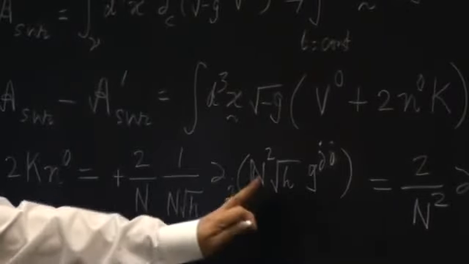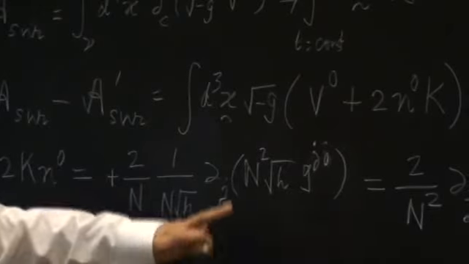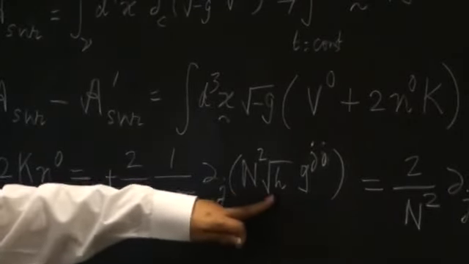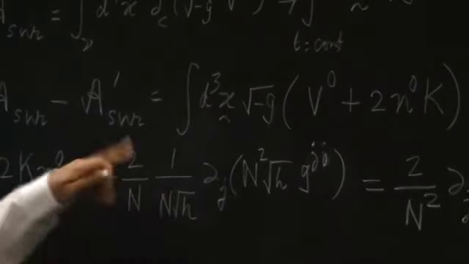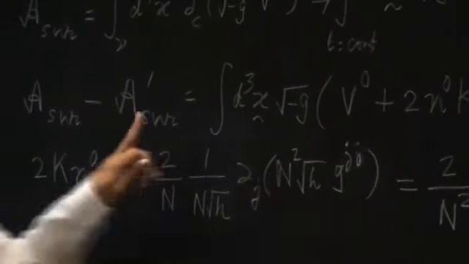Let us make sure of that. There was an n square and an n square here, and there is a root h, and I just concentrate on root h as separate. So this n square, this term, when it comes out, I get a dj of root h divided by root h. That is half of log. With this factor 2, that gives me exactly this. In the other case, I have this 2.